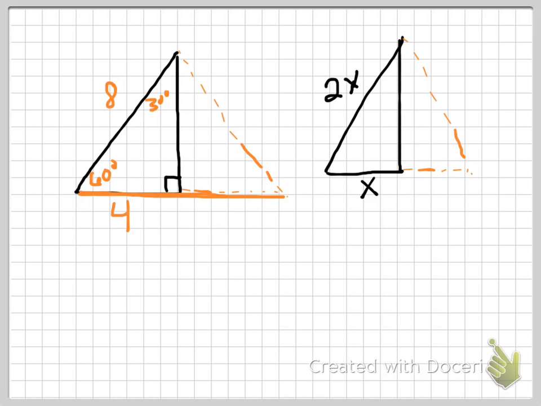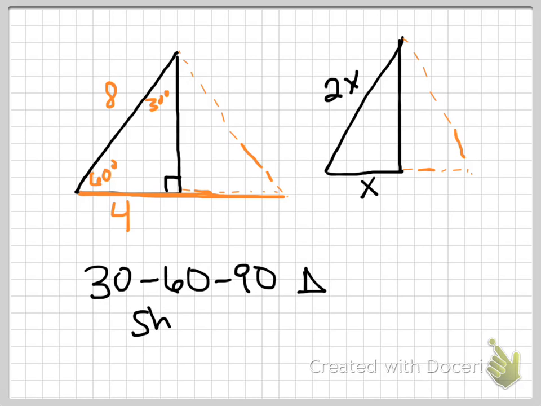Okay, so for any 30, 60, 90 triangle, the short leg is equal to x, and the hypotenuse is equal to 2x. Okay, so remember that.